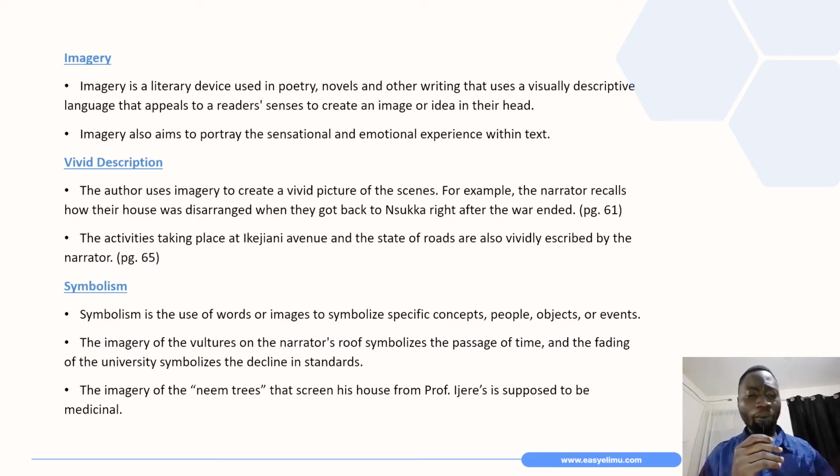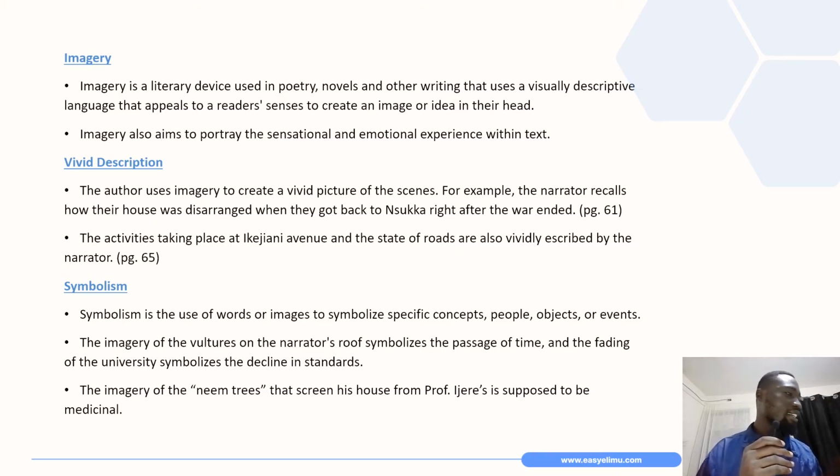Apart from that, remember the narrator also describes certain scenes, for example, Ikejiani Avenue.